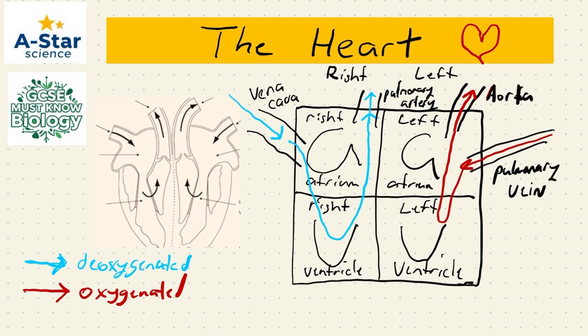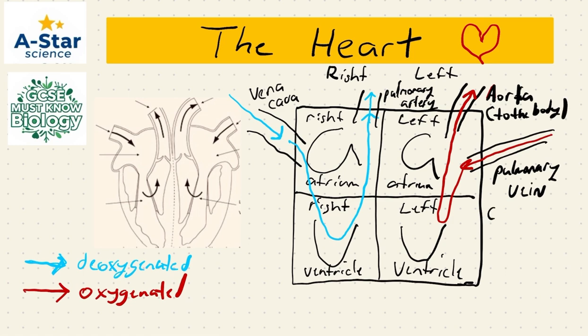The heart is pumping and pumping this oxygenated blood from the pulmonary vein through the heart and out via the aorta. So this goes to the body.